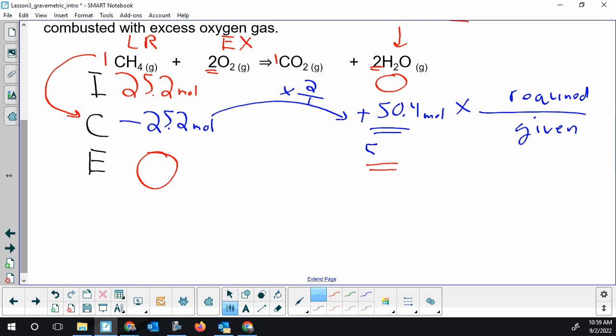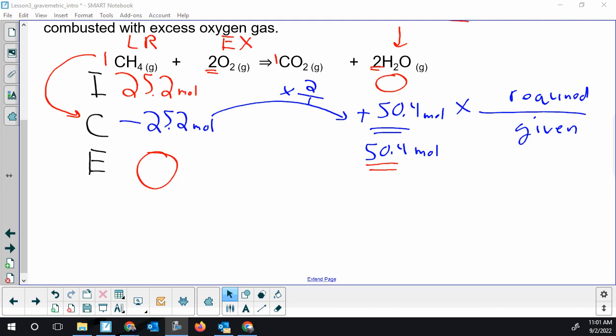We're going to have made 50.4 moles. So we're going to end with 50.4 moles. So that is our answer. I don't, but I should write out a sentence saying the amount of water is 50.4 moles. Okay. And that's the end of our first example.